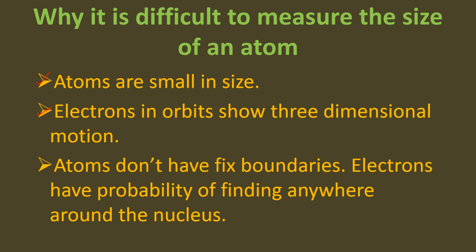So if atoms don't have any fixed boundary, how can we take a standard to measure the size of an atom? That's why we measure the size of an atom by means of the distance between the nuclei of the two bonded atoms.